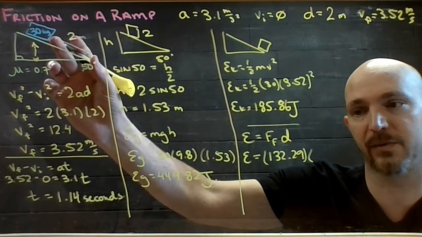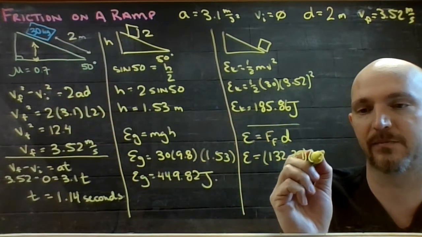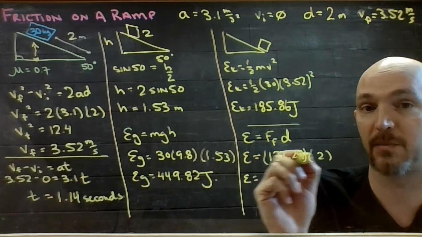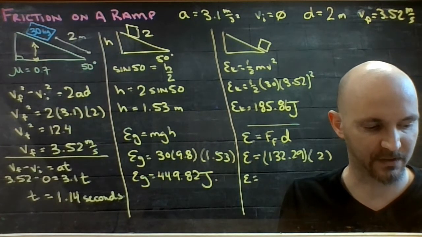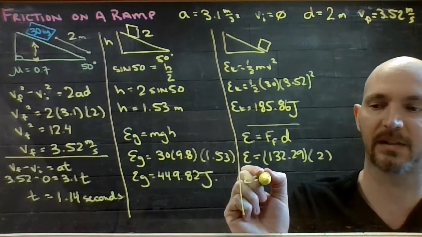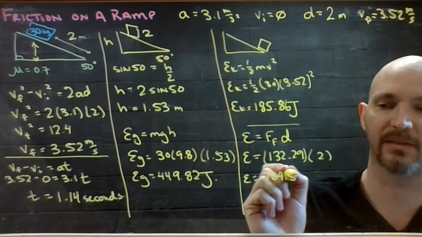And it's gone through 2 meters worth of space. If I multiply these two things together, 132.29 times 2 gives me 264.58 joules.